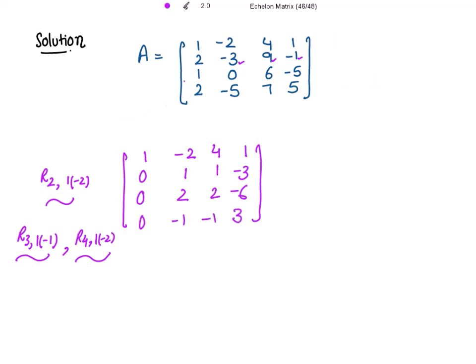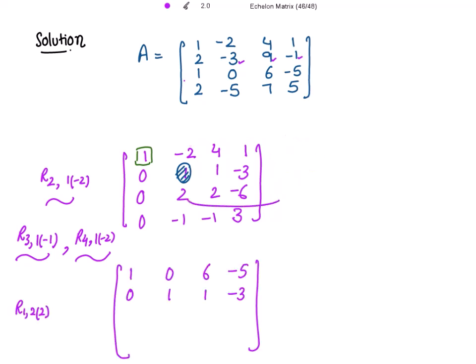Because all the elements below this element are 0, this 1 becomes the leading element of row 1. I have the leading entry 1 in the second row. To make this a leading element, I need to make all these other elements 0. To get 0 in place of negative 2, we multiply row 2 by 2 and add it to row 1.